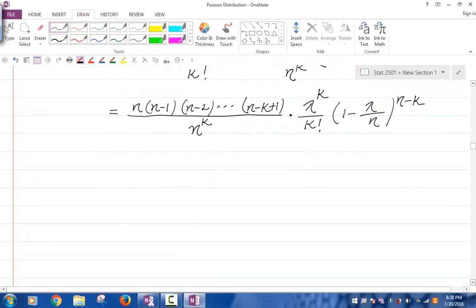Now notice, look at this fraction here: the numerator has k factors and the denominator has k factors of n.